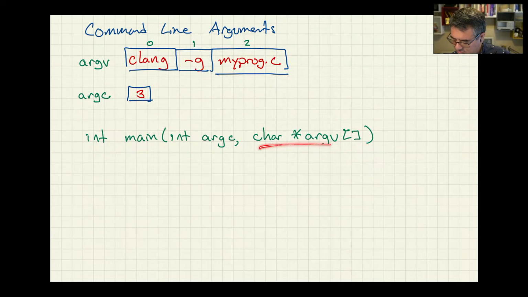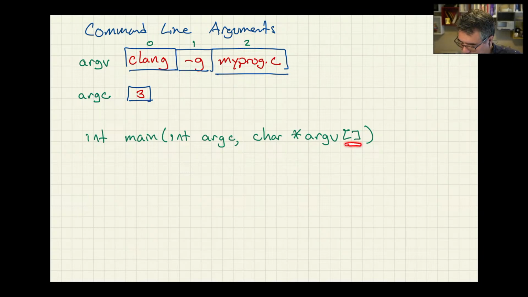What is this? What is char star argv bracket bracket? So this says that we're declaring a variable called argv whose type is an array of character pointers. So this is basically an array of strings.